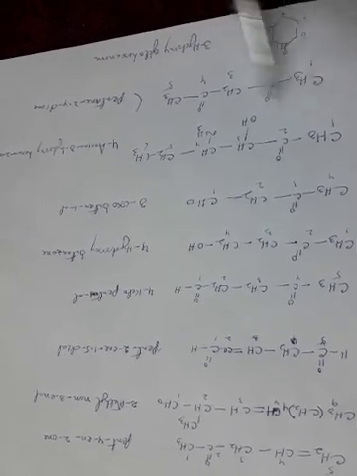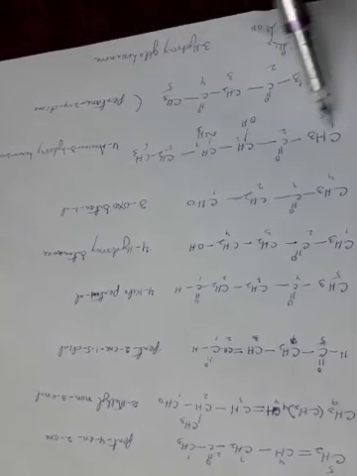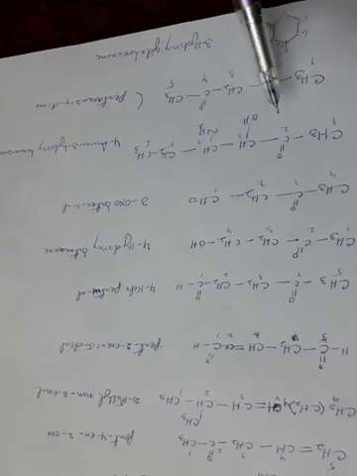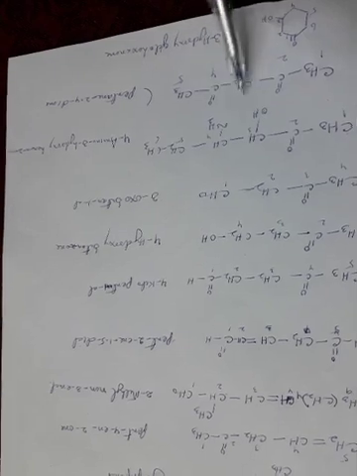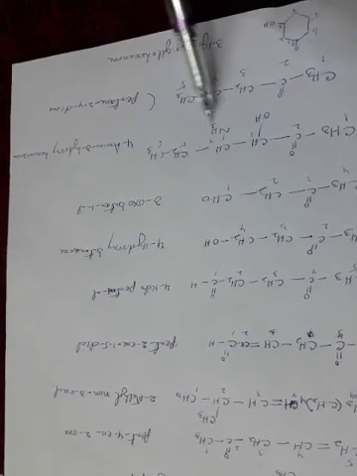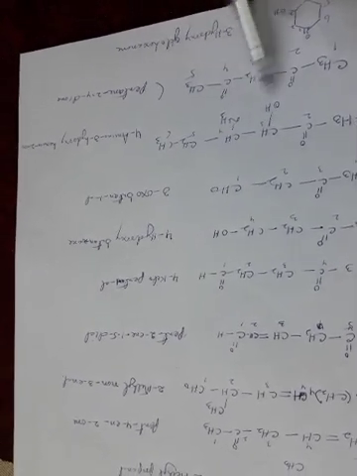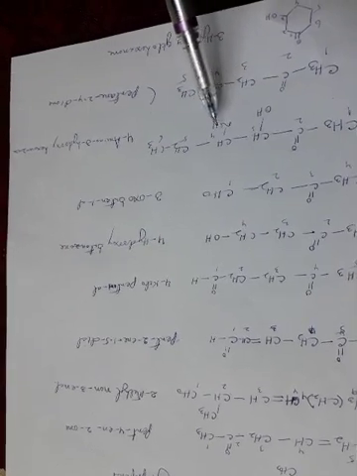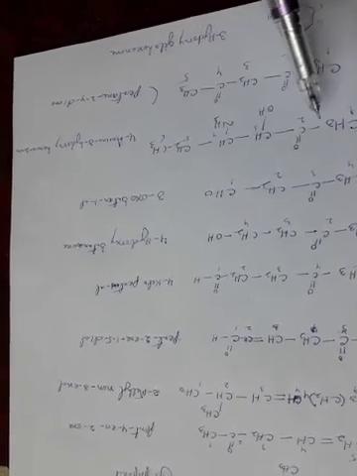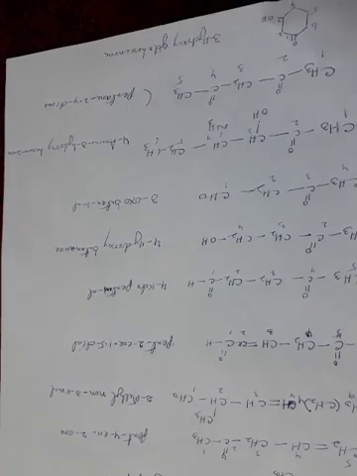You can see here 1 2 3 4 5 6. So this is a 6 carbon compound with this ketonic group at carbon number 2. At carbon number 3 we have got the hydroxyl group, and at carbon number 4 we have got the amine group. So we can name it 4-amino-3-hydroxy hexane-2-one.